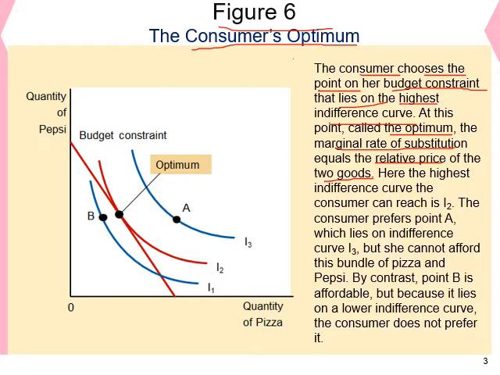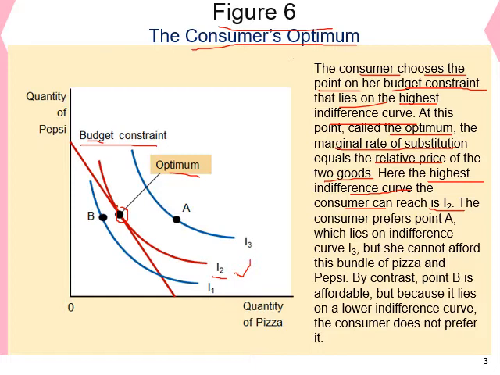Here the highest indifference curve the consumer can reach is I2. You can see that it's I2 because at this point, which is the optimum, the budget constraint is tangent with the indifference curve right here. So this point will be the optimum point.